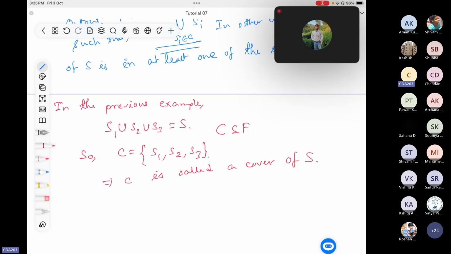So it's also a very interesting problem. Okay, so the idea of cover is clear, or what is called a cover. C is a cover if every element of S is contained in at least one of the sets inside that set C.